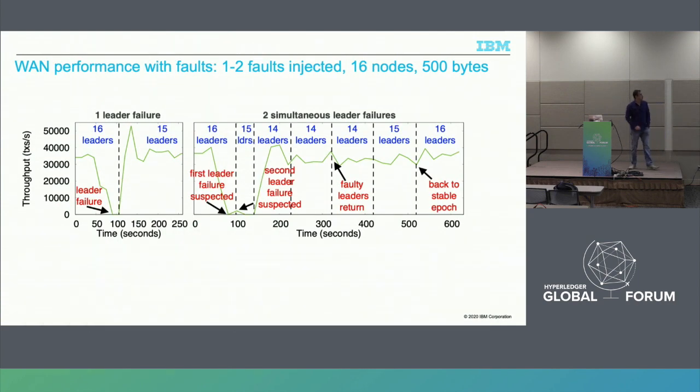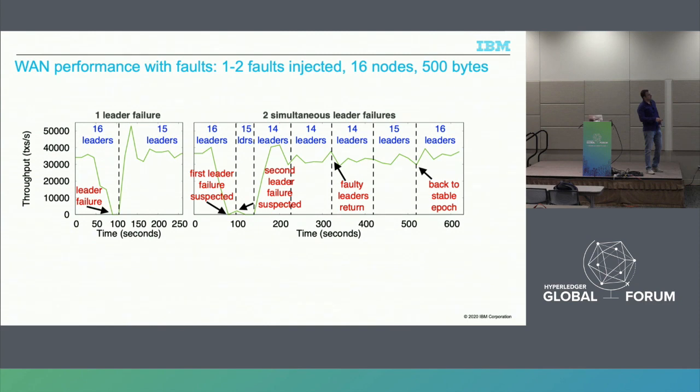This is the performance with faults. You can observe that if we have 16 leaders and we crash a leader, the protocol reconfigures and goes back to 15 leaders. So you have the throughput dropping to 0, but then you have the shoot up and then you're delivering in a burst, right? I should put on this plot the average throughput, which would go something like this.